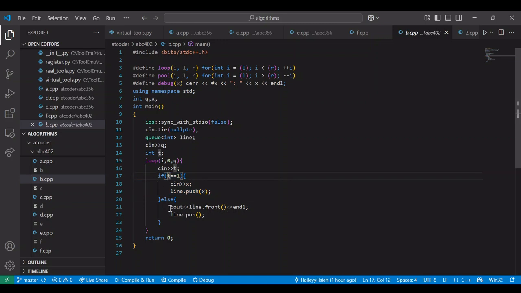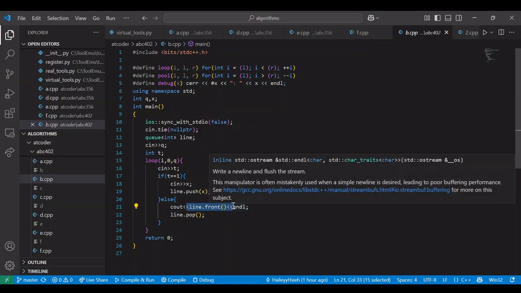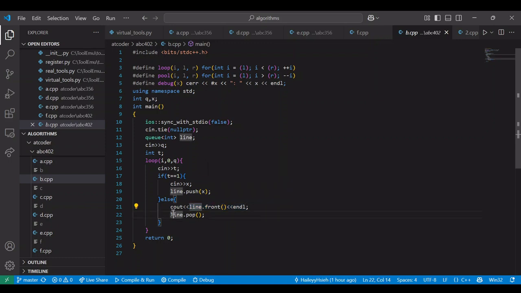And if it's the other type of query, then we print out the number at the front of the queue, and then we pop it out, since this means that it's removing the current person from the front of the queue.